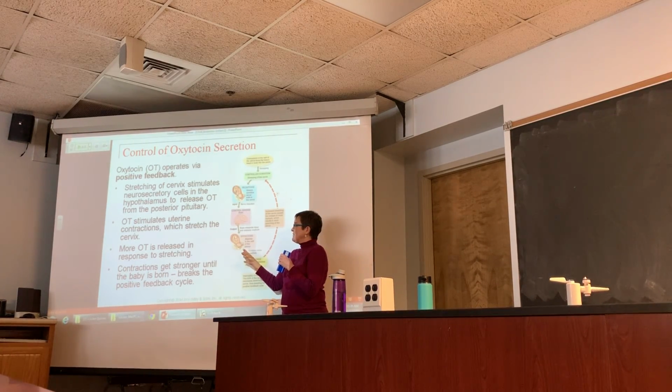But after the baby's born, those uterine contractions keep going for a little bit to push the afterbirth out. You want to get that out of the body. So there is a little bit of that oxytocin still left after the baby's born, but it's going to go down. But a woman might notice if she breastfeeds, right after you've had a baby, the uterus is still stretched out, and breastfeeding stimulates oxytocin production, which stimulates milk letdown, but that also stimulates the uterus to contract and shrink.